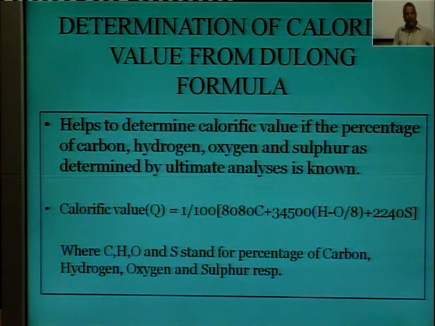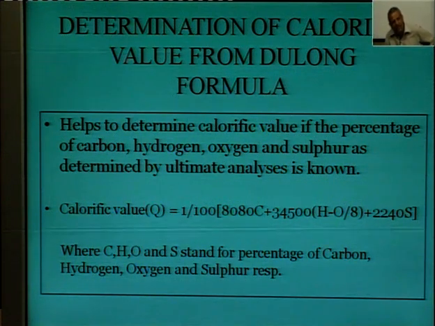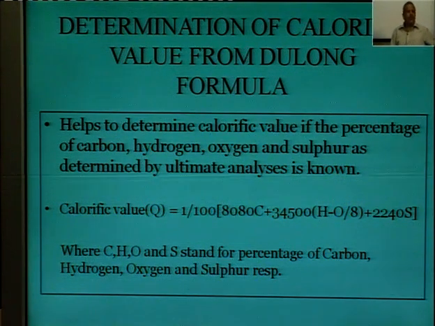So, calorific value can also be determined from the Dulong formula. It helps to determine the calorific value if the percentage of carbon, hydrogen, oxygen and sulfur as determined by ultimate analysis is known. Generally fuel contains carbon, hydrogen, sulfur, phosphorus or other constituents.